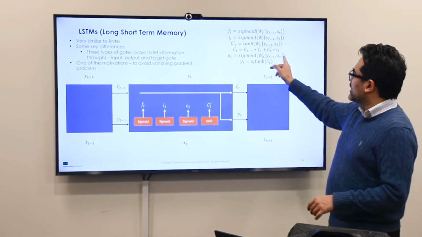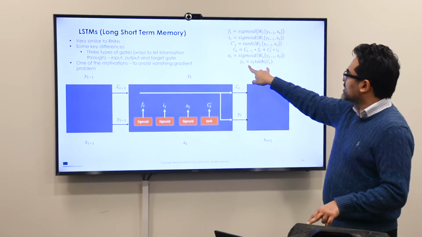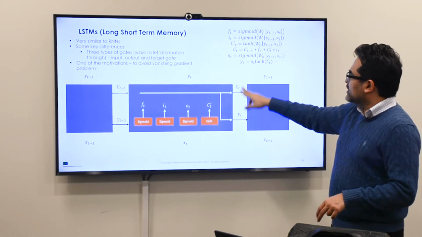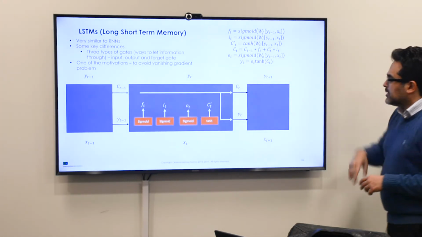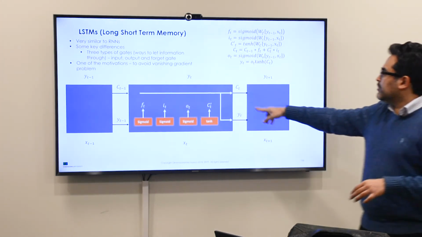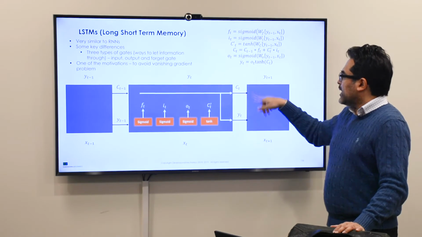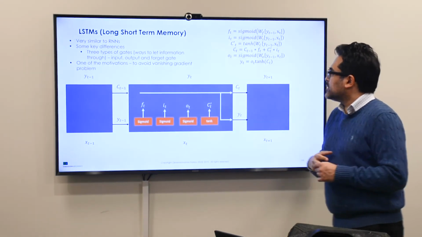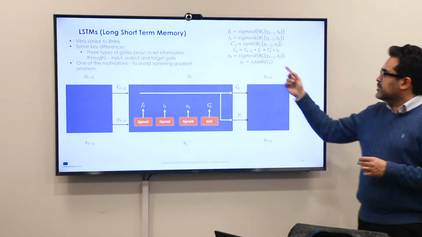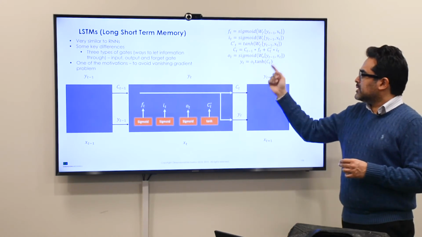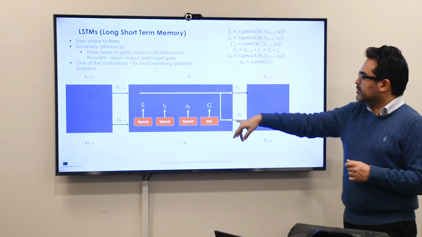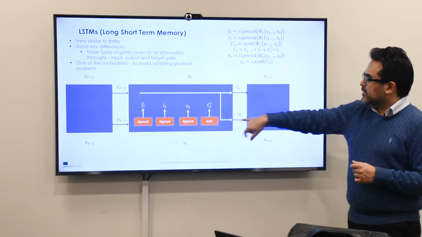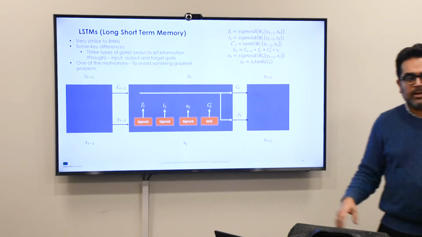The final thing is y of t: you take the state vector times the output value, and you get the new value of the output, which is what you care about. So the output times the hyperbolic tan of the state vector is equal to the true output of that network.